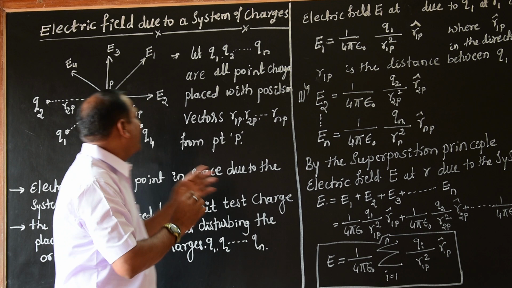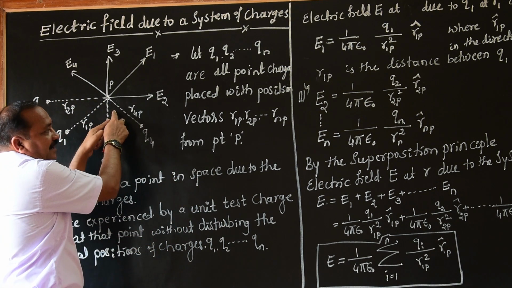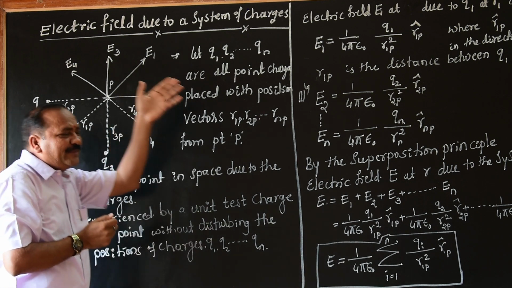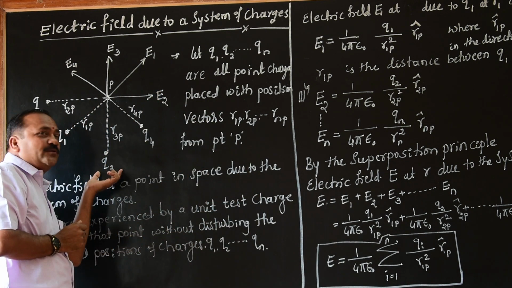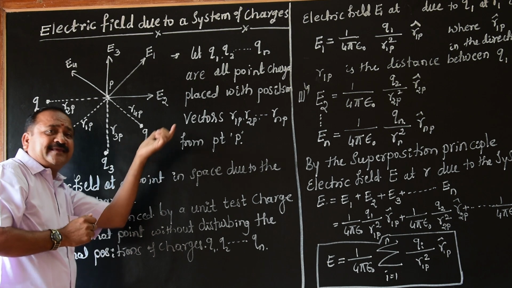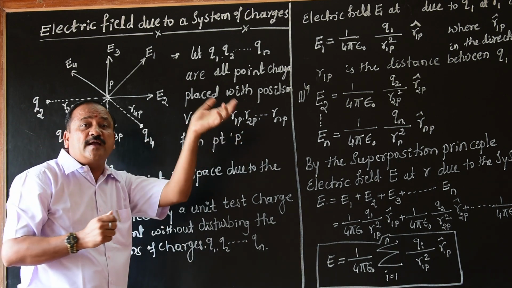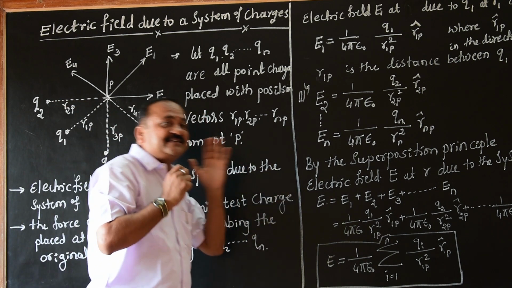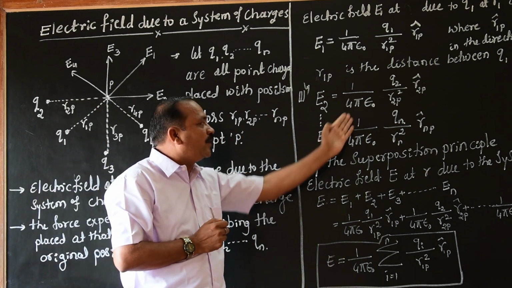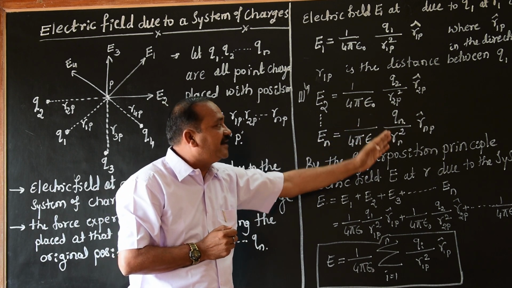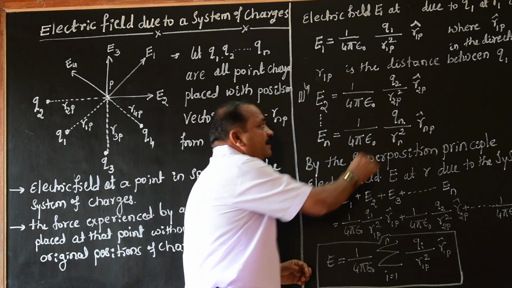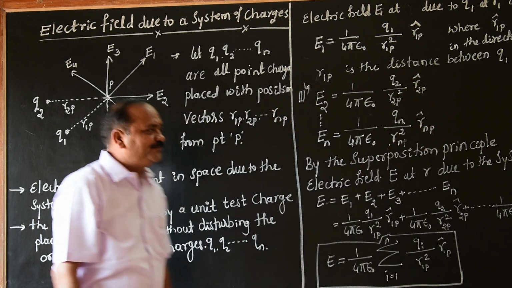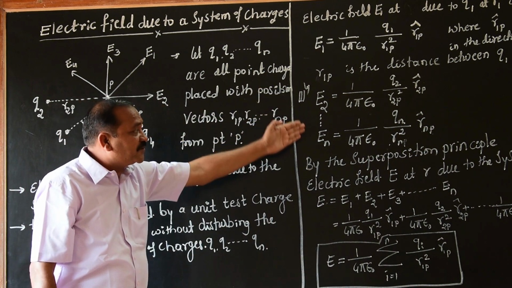As usual, it is along the direction of Q2 to P, and R2P is the distance between them. Similarly for Q3, Q4, Q5 and so on up to Qn, the electric field En equal to 1 divided by 4 pi epsilon naught Qn divided by RnP square into the RnP unit vector. This is the simple expression.